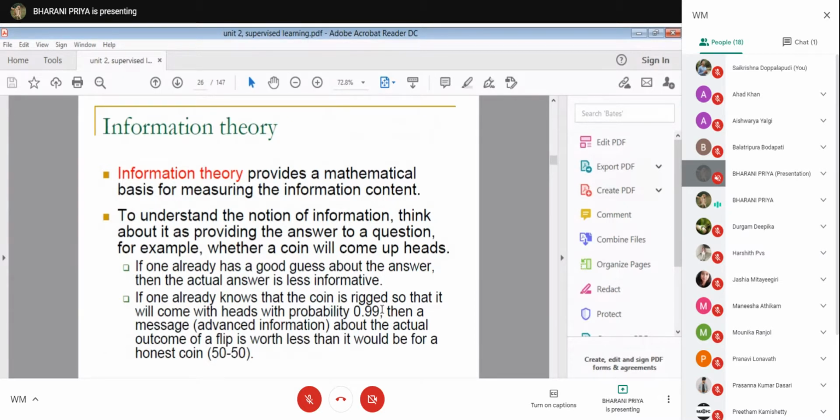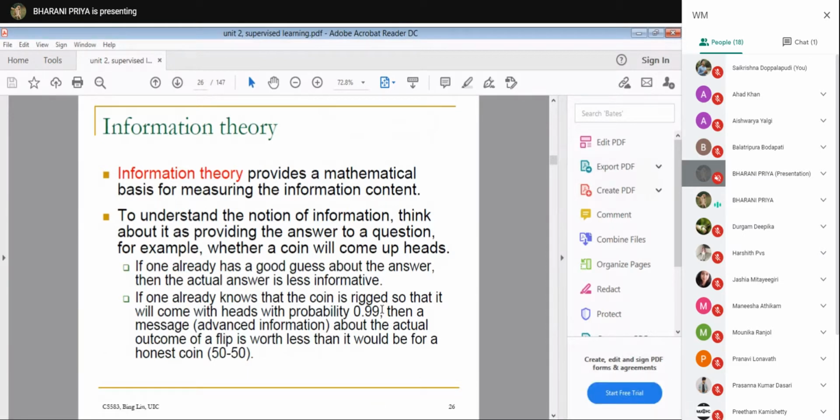Information theory: you know that data mining is a combination of different disciplines, a combination of machine learning, information theory, statistics, and so on.